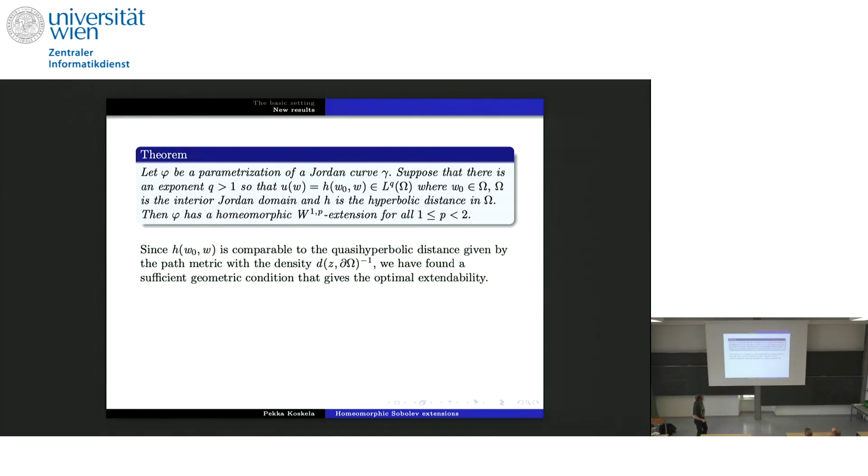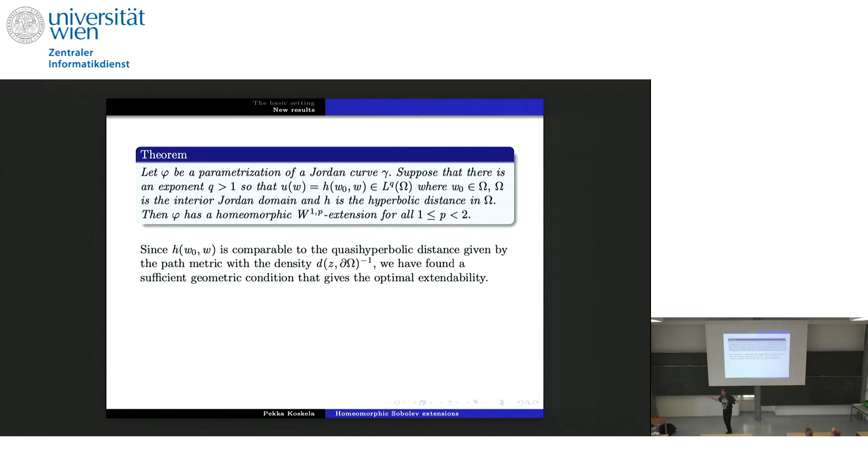Before that, let's look at geometry. So if you don't like the hyperbolic distance, think about the path metric on your domain, obtained by minimizing integrals of 1 over distance to the boundary. That's a geometric thing. You don't have to think about the conformal maps. This is now intrinsic.